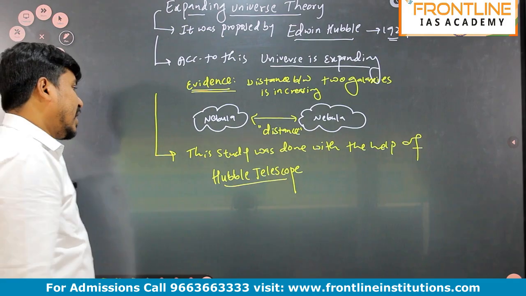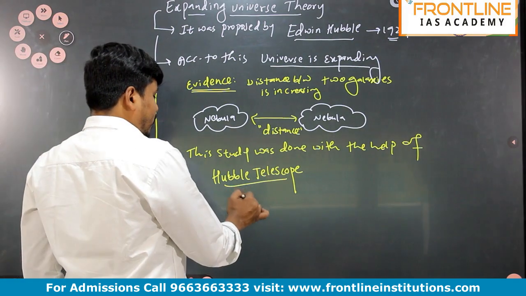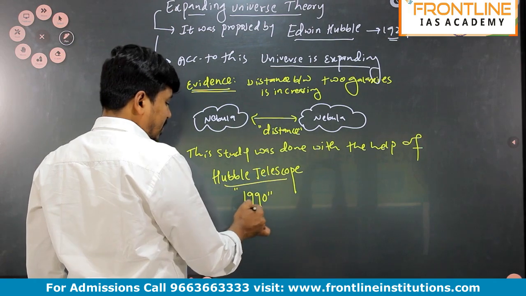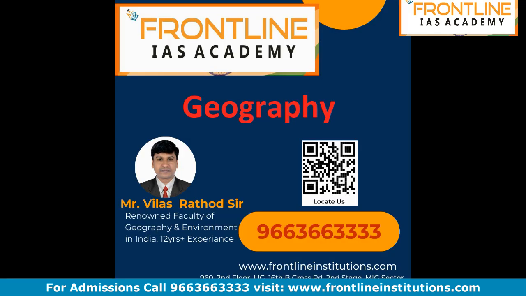Very important. This Hubble telescope was developed in the 1990s. Please remember, the Hubble telescope was developed in the 1990s, and this theory was proposed in the year 1929. Very important point. So Edwin Hubble proposed this theory.